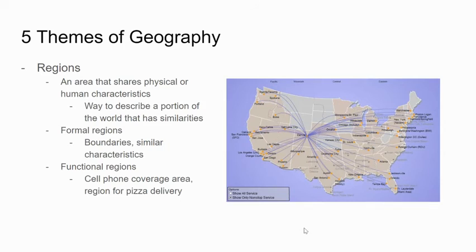The second type of region is functional region. Functional region is where does a service cover? What area will Domino's deliver? How far, what roads are within their region that they will cover? For cell phones, how far can your cell phone cover?